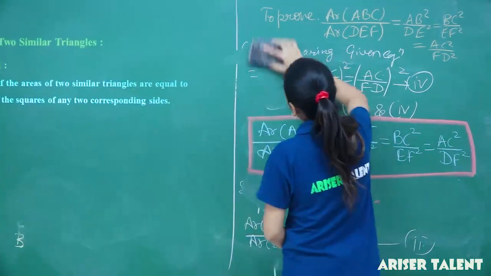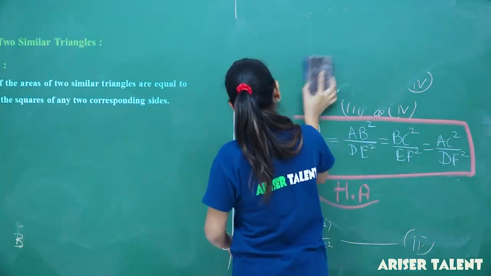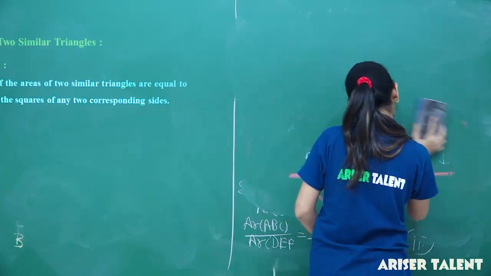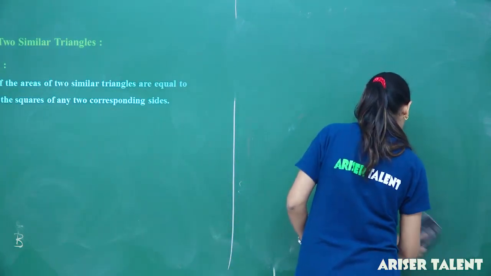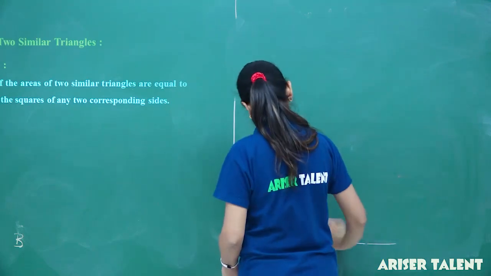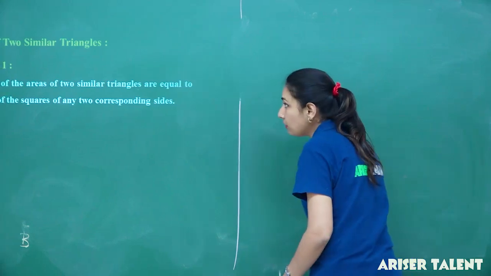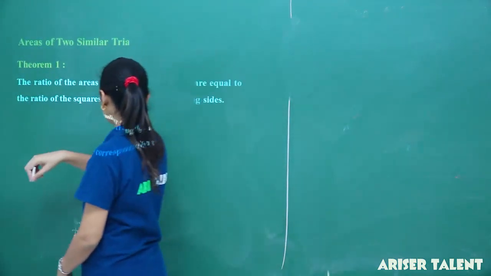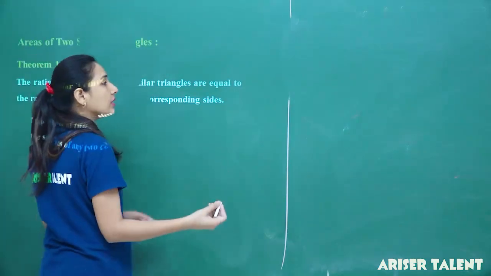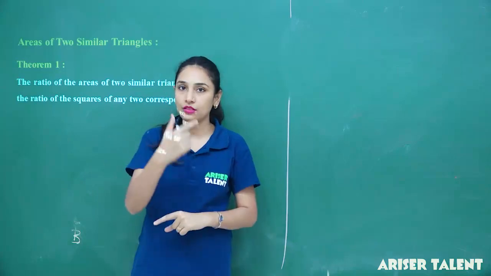We have done only theorem 1, na? Okay, then no hurry, we have only one theorem left. So we will have one more theorem. And we have to be specific about what we have done. We have proved in this theorem, because we are going to take help of this theorem in our next theorem.